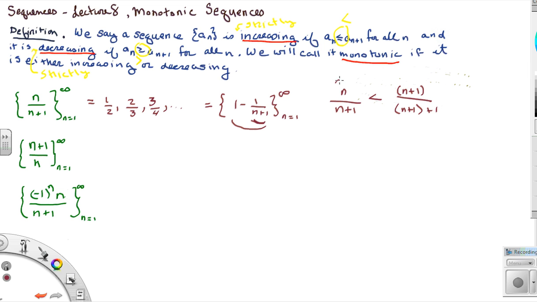So the nth term is less than the (n+1)th term. So this is an increasing sequence. In fact, it's strictly increasing.